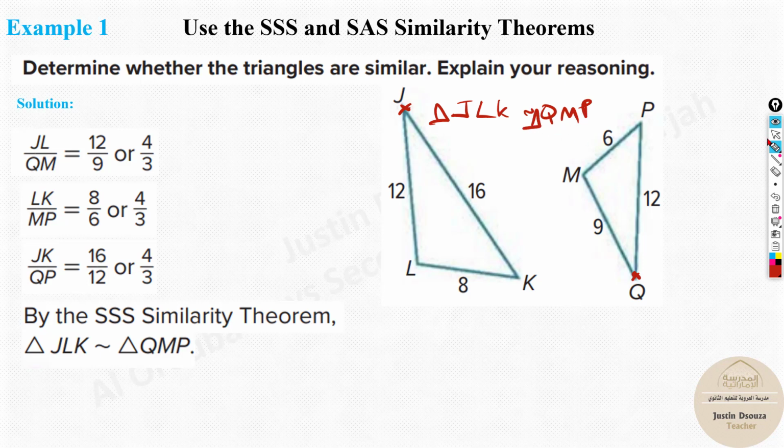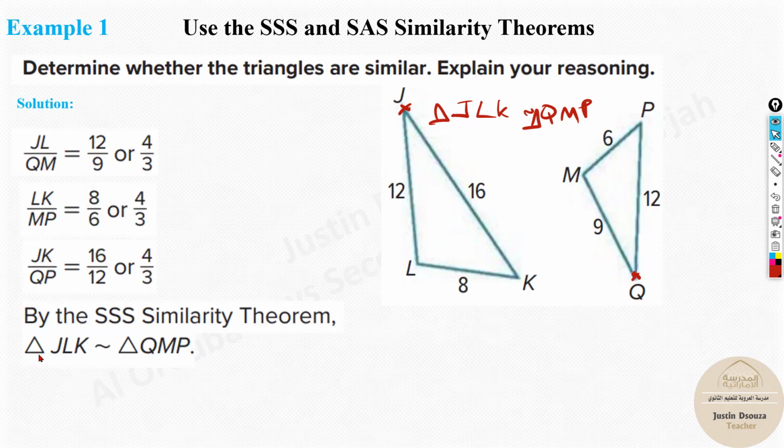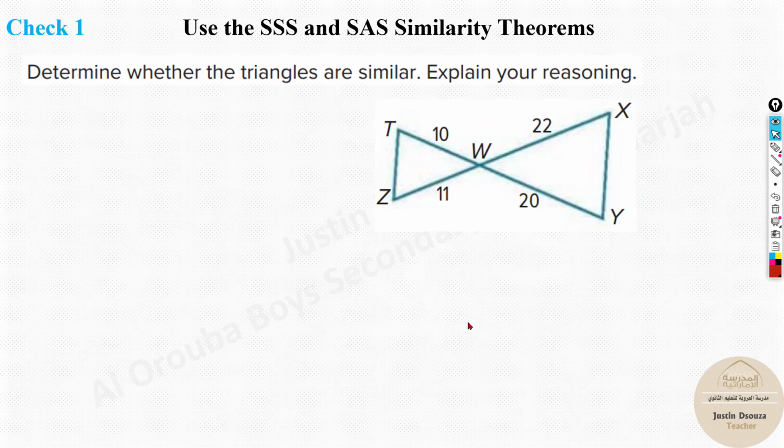Now you don't need to write the exact order, but if you know this order, you can just compare over here. These are the triangles. Now if you don't get the same thing, it's fine. Just see which is the correct option, because these must be proportional to each other. J must be with Q, L must be with M, and K must be with P. That's it. So I hope this is very clear now, because then you can solve all the problems by your own.